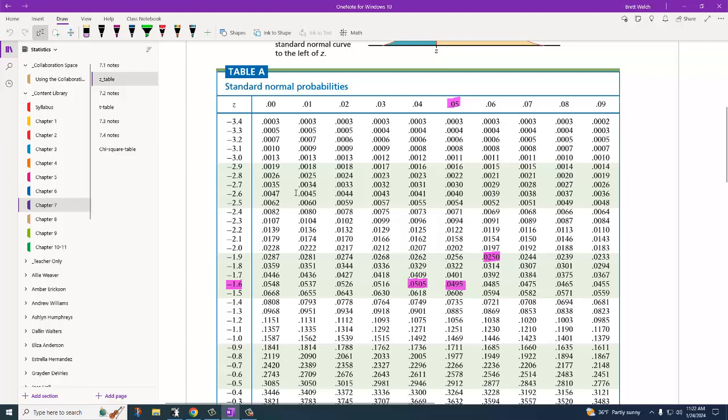I'm going to look here on my negative side, because it's a little easier to find the 0.005. I've got these two values here, and I'm going to always go to the smaller of the two. So I'm going to go to 0.08. If I slide over, that's negative 2.5.